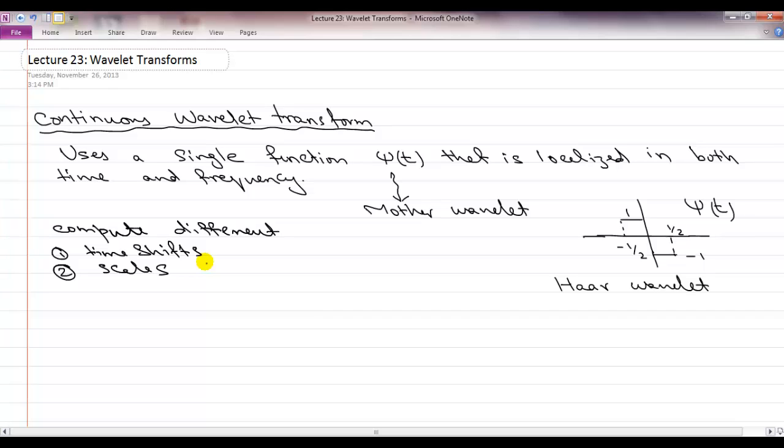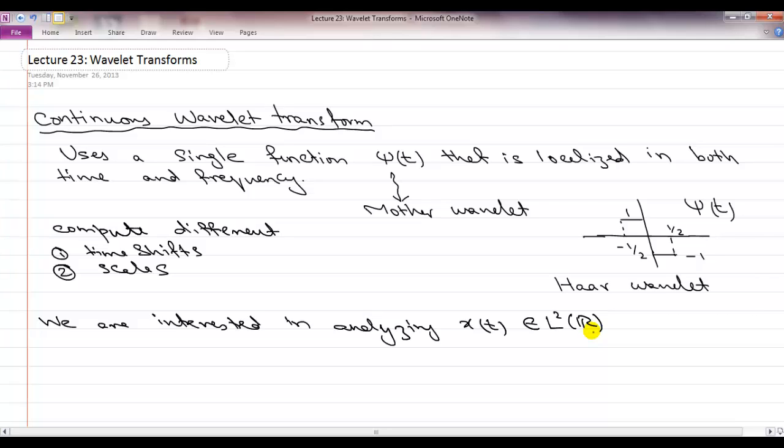So let's start with formally what will make a mother wavelet a valid wavelet to be used in the wavelet transform. Our focus here will be that we are interested in analyzing signals x of t which belong to L2 of R, so all finite energy signals.